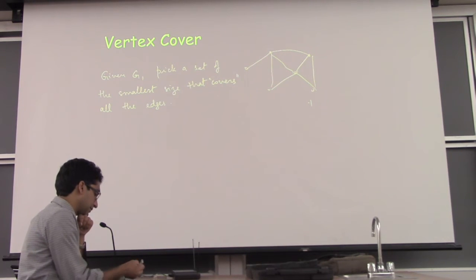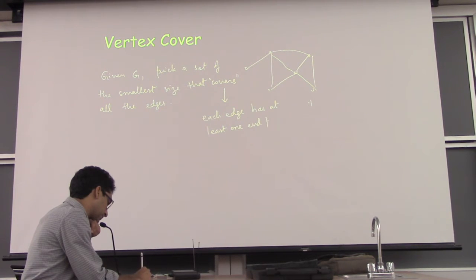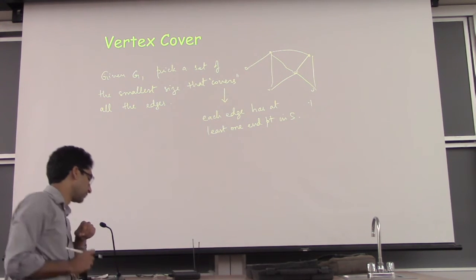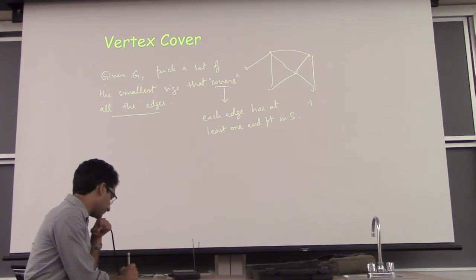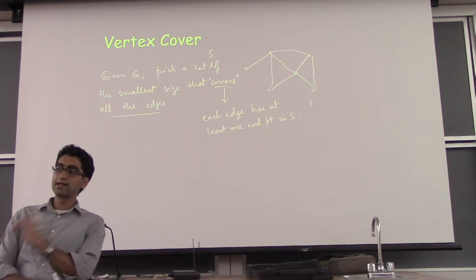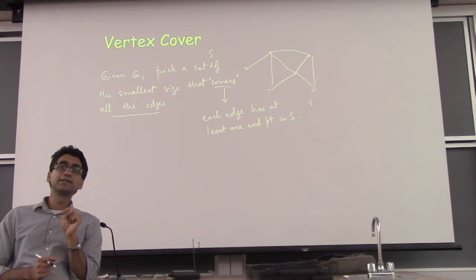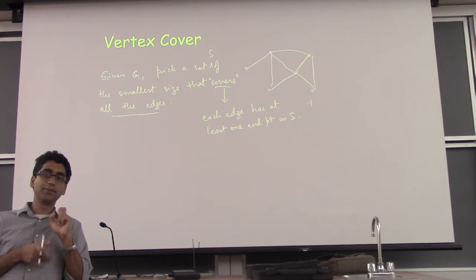It means that each edge has at least one endpoint in S. So this is what I mean by covering all the edges. So I want to pick a set S of vertices. This time the goal is that for every edge, at least one of its endpoints must be picked.